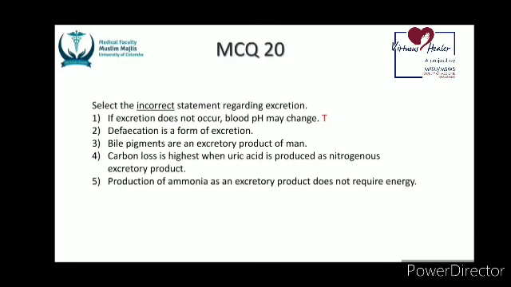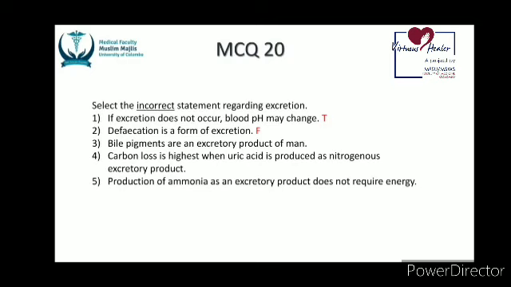Statement number 3, bile pigments are an excretory product of man. Now bile pigments or bilirubin is formed as a result of breakdown of hemoglobin within the cells of the reticuloendothelial system, such as macrophages.